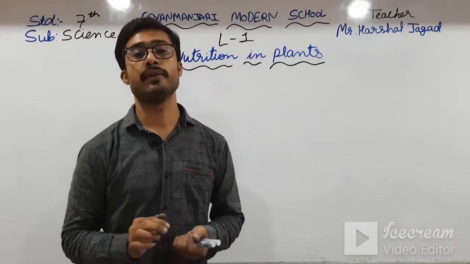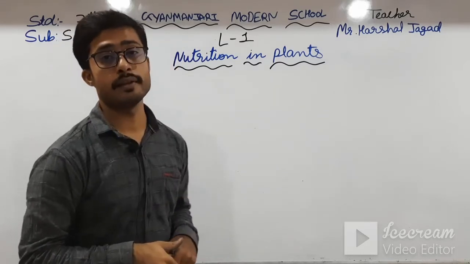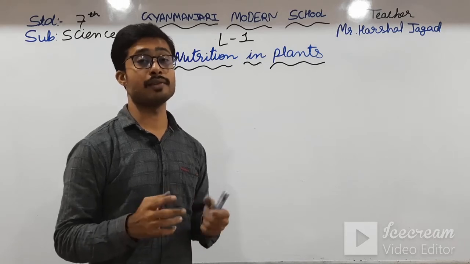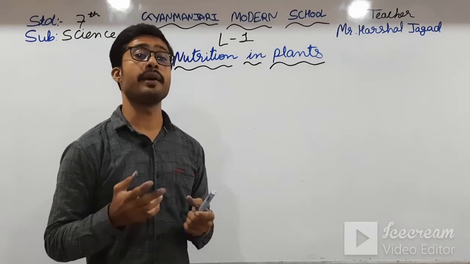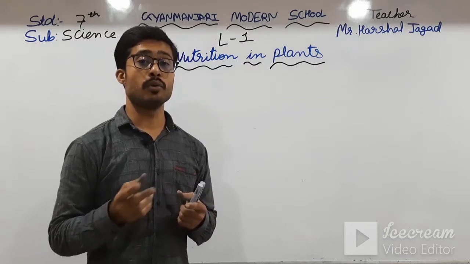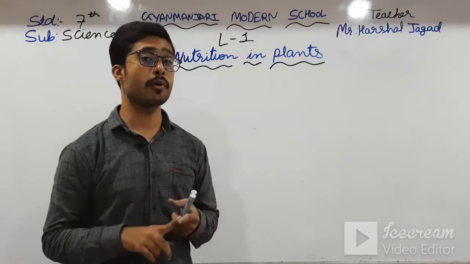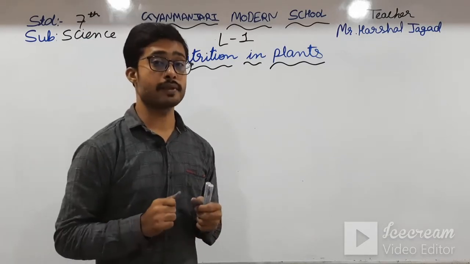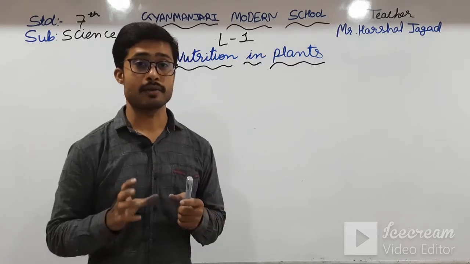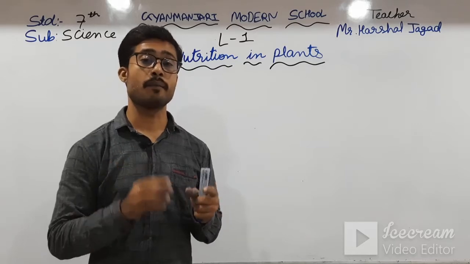In the previous video we started chapter number 1, nutrition in plants. In that we have seen what nutrition is and how it is needed by plants. We all know there are two types: autotrophic nutrition and heterotrophic nutrition. Autotrophic nutrition means self nutrition plants.